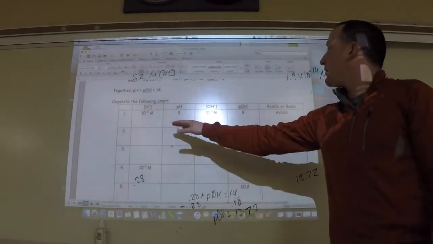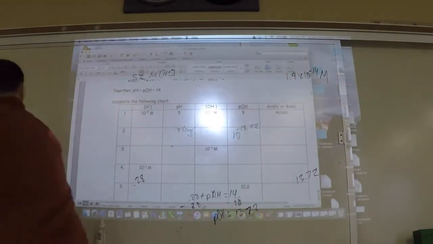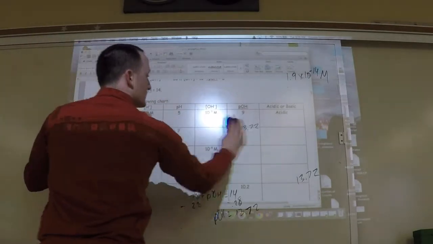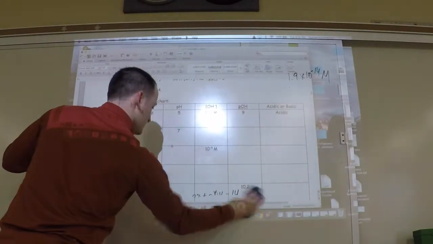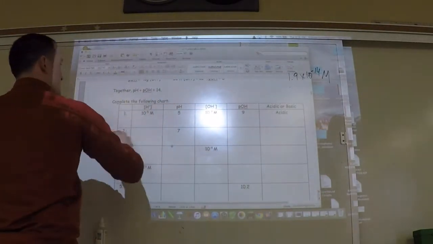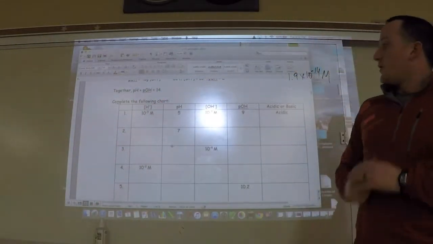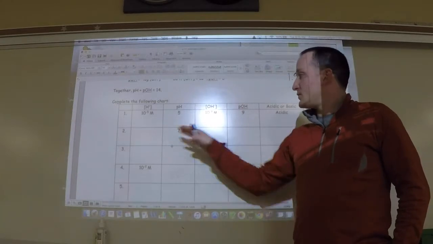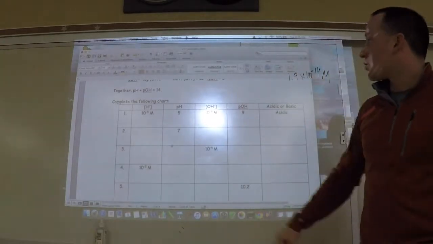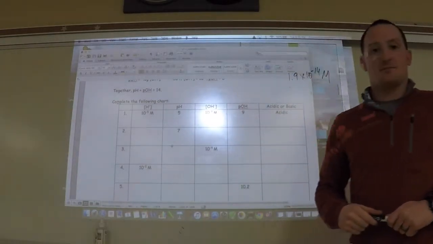So, herein, let me erase this. So, this first row is completed for you. So let's start in number 2. So right now we know that the pH is 7.